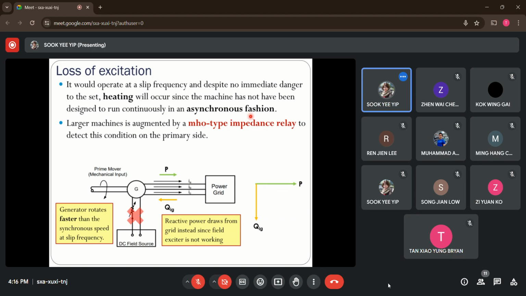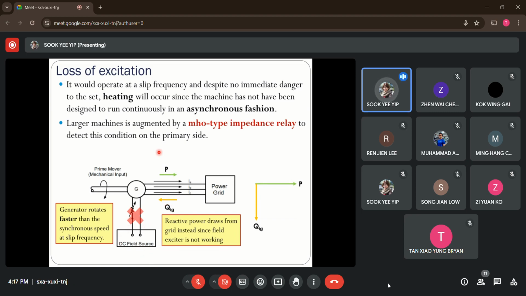Whenever we have high speed, it will cause overheating of the machine, as the machine is not designed to run so fast. So in the long run, the rotor can be damaged. What can we do to solve this problem in the event of loss of excitation field?